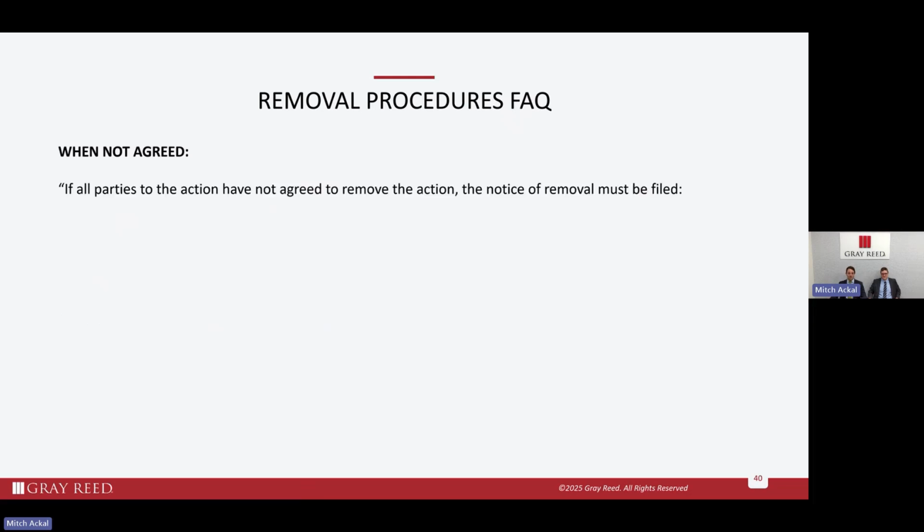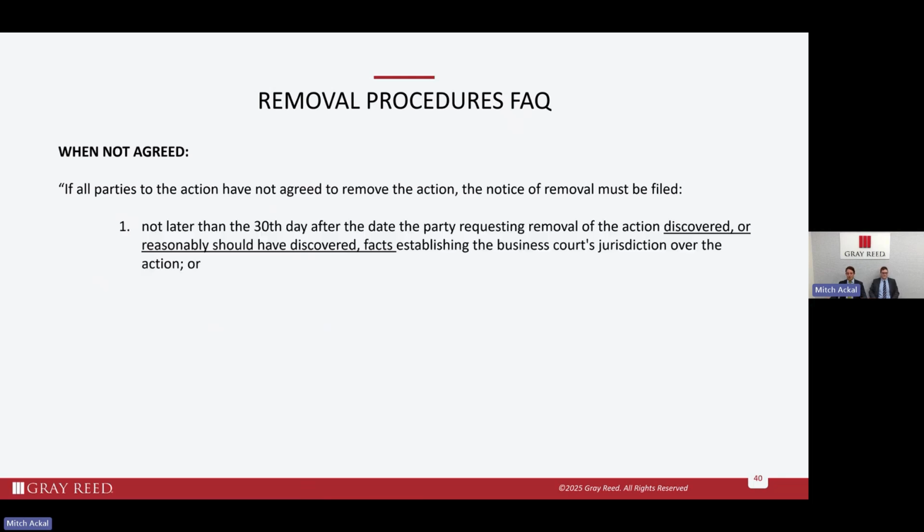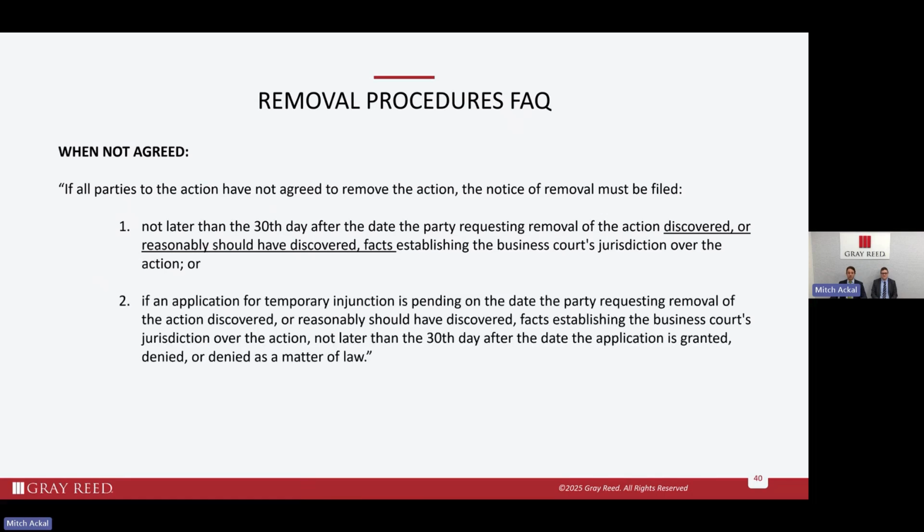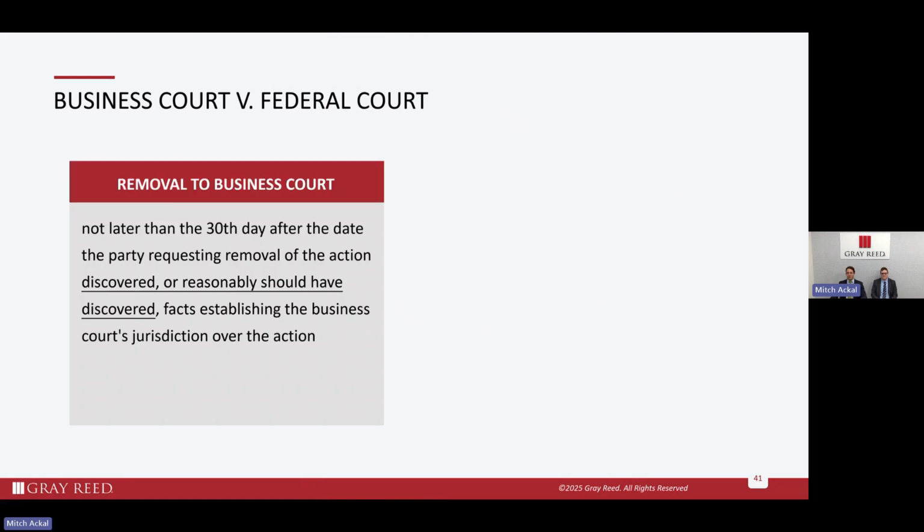Another question that we have is, okay, the statute says that when you don't have an agreement, when all parties haven't agreed, then the notice of removal has to be filed within 30 days of either the discovery or when you reasonably should have discovered facts establishing the business court's jurisdiction. There's another provision here that deals with pending temporary injunctions. But what's interesting about this is how it contrasts with federal court.